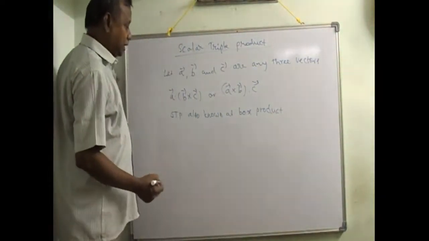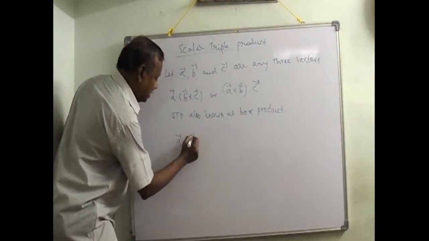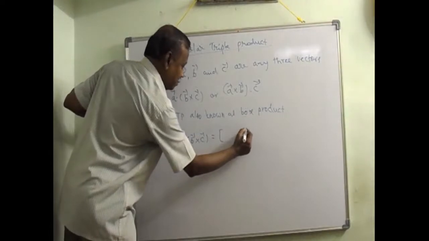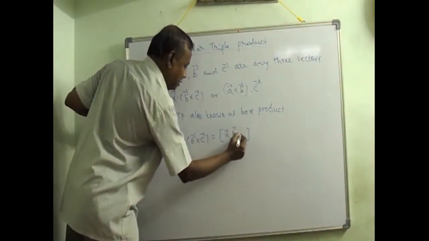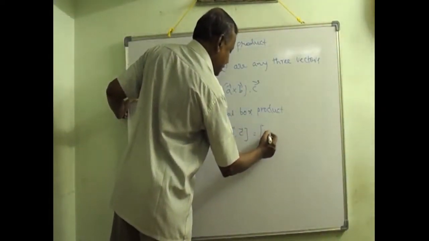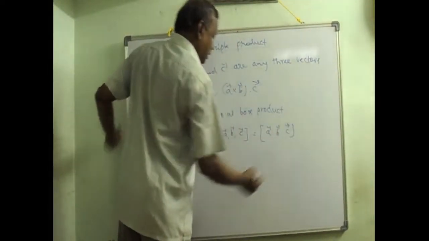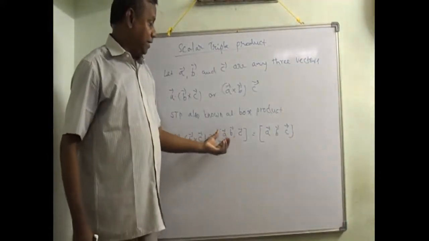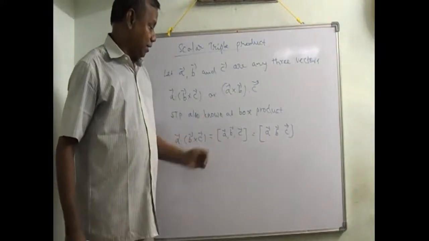We can use the notation a vector dot of b vector cross c vector is equal to, within the square bracket, box a vector b vector c vector, or simply a vector b vector c vector. Since we are arranging the vectors within the square bracket, that is a box, it is known as box product.